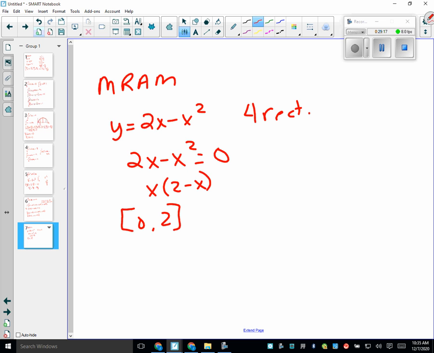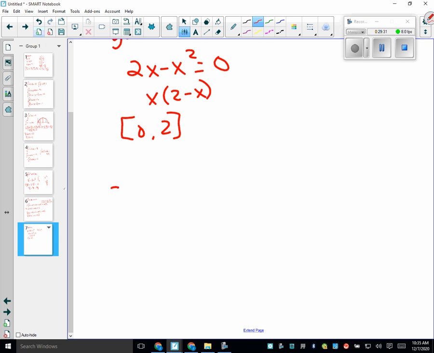What is the average value of the cosine function? What did you get? What's the answer?